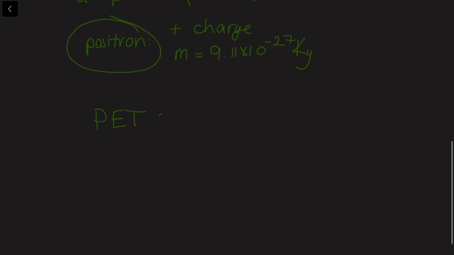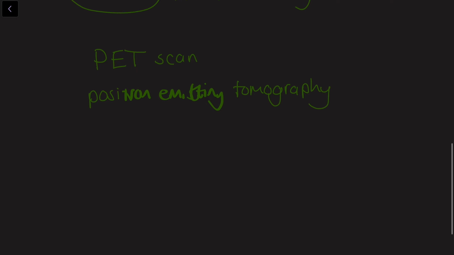It happens in hospitals mainly, and that stands for positron emitting tomography. So you should probably know that this is a use for antiparticles in England mainly, or just any hospital really.